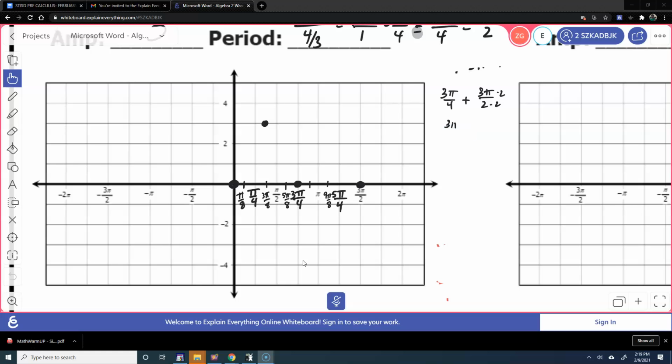So you get 3 pi over 4 plus 6 pi over 4. When you add those two, it's 9 pi over 4 divided by 2. So you get 9 pi over 8. And that's in between 3 pi over 4 and 3 pi over 2. So that's going to be our min, which is at -3. And here is our graph.